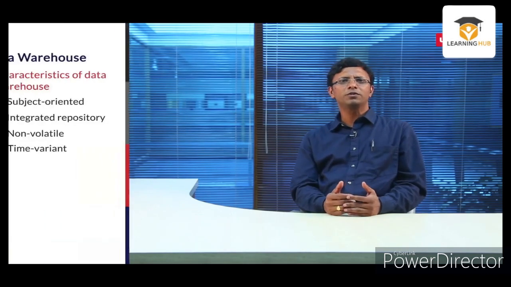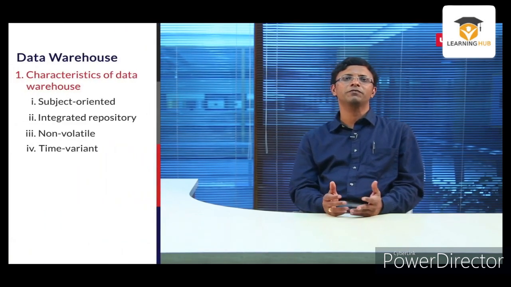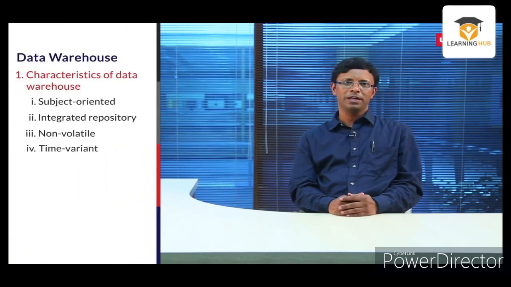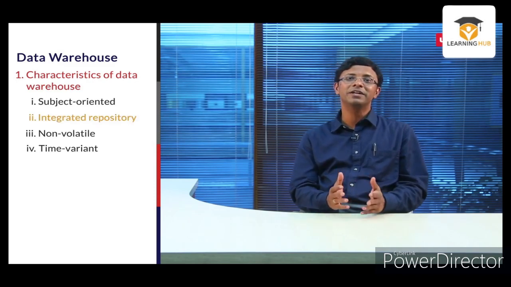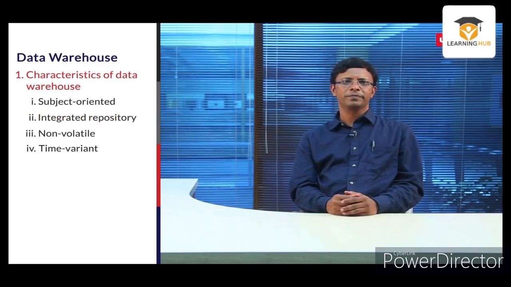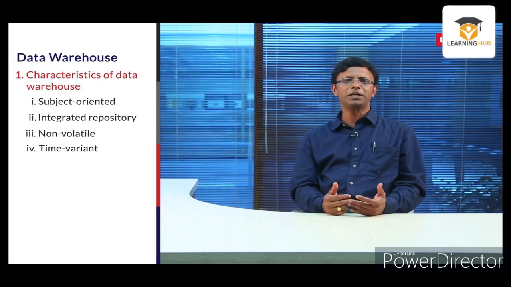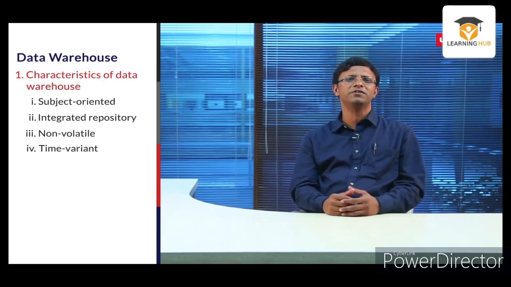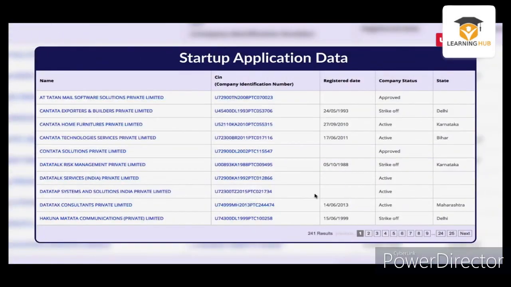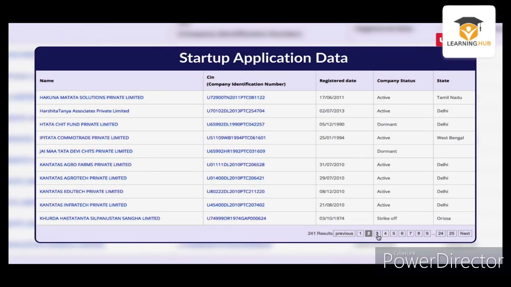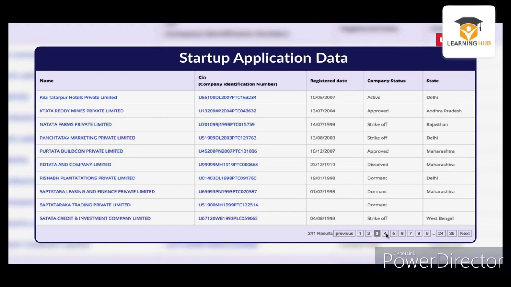Let us move on to the second keyword from the definition of the data warehouse. A data warehouse is an integrated repository. It is worth noting that information pertaining to a subject may actually be coming from many different systems. In our own case, there could be one portal where the startup application data is collected.